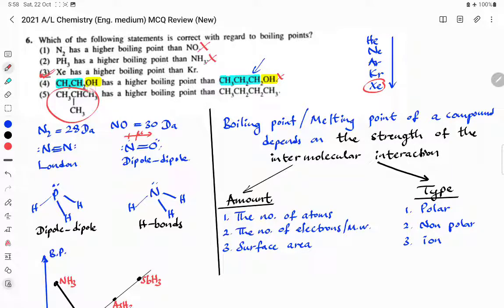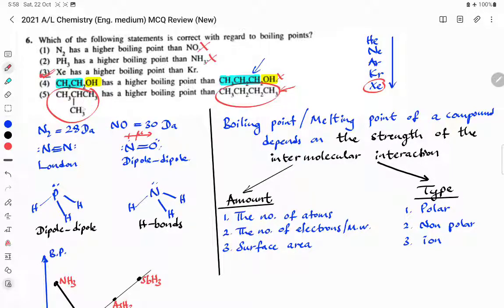Now this is a branched molecule, this is a long chain molecule. Long chain molecules have greater surface area than branched molecules. Therefore, long chain ones can form lots of London forces with respect to branched ones having the same molecular weights, and they can be closely packed. Therefore, they can form stronger London forces.